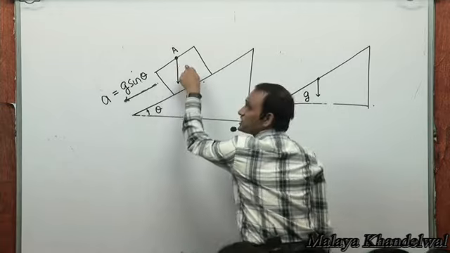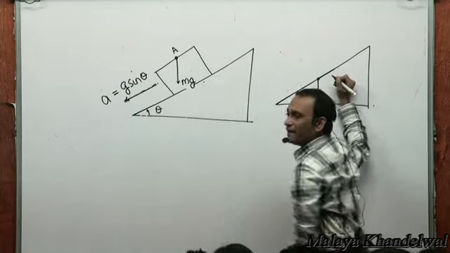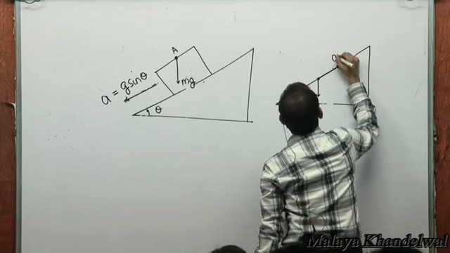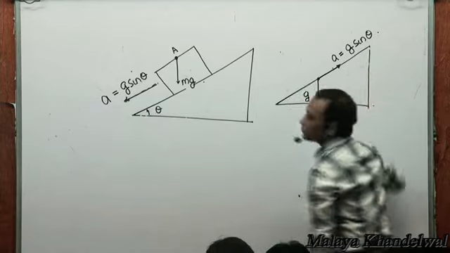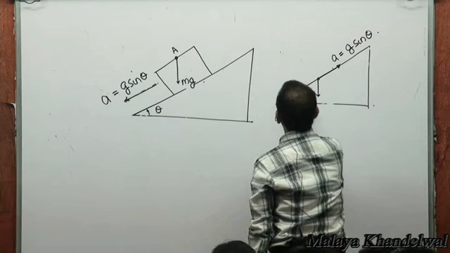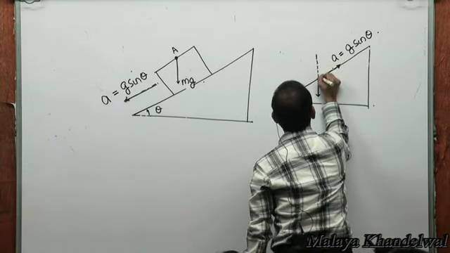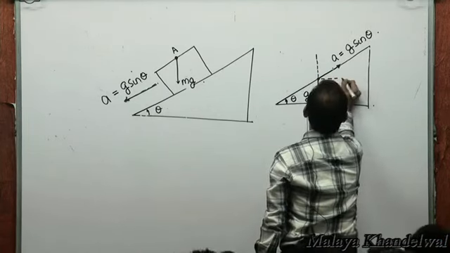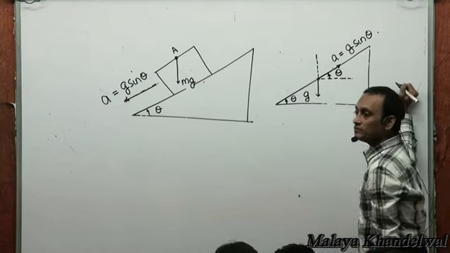Then in a frame of reference attached to the trolley, there is going to be a pseudo force MA like this, where A is G sine theta.